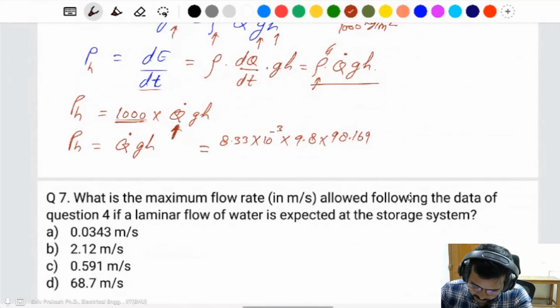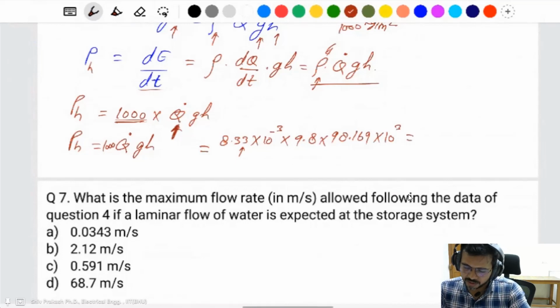I put the value of the discharge q dot in meter, that's why this will be 10 power 3. 10 power 3 minus 3 cancelled out.